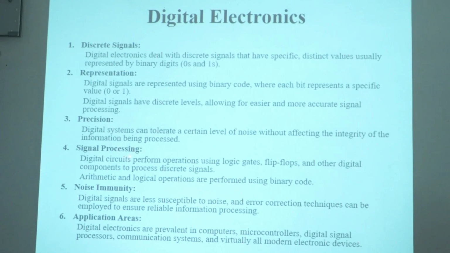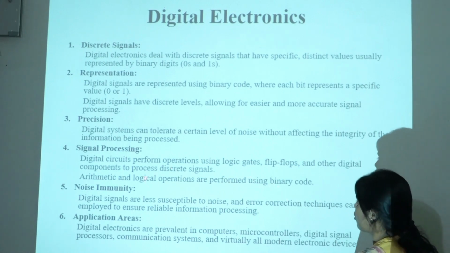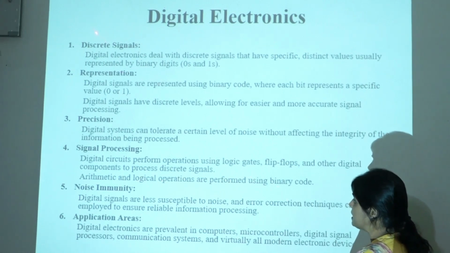Now coming to signal processing applications, digital logic performs various operations using logic gates. This is the major focus for today's class. Once we are done with the fundamental concepts of digital electronics, we will look into what these logic gates and other digital components are to process these discrete signals.